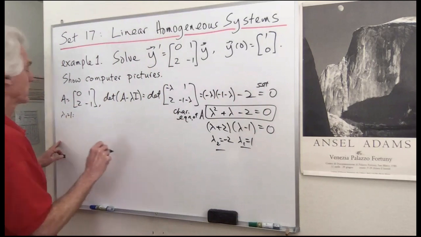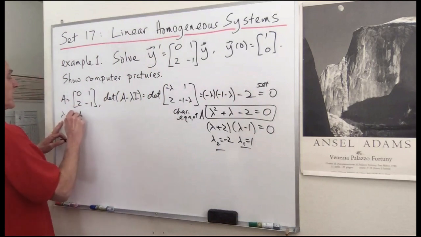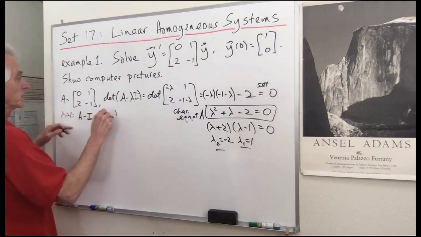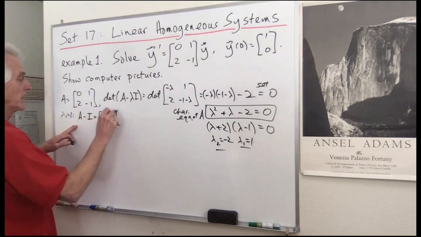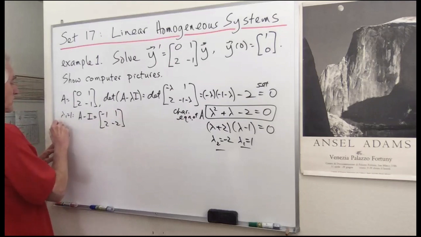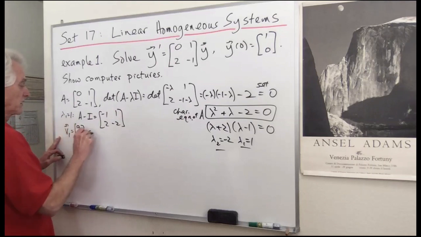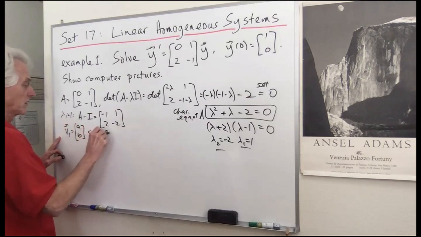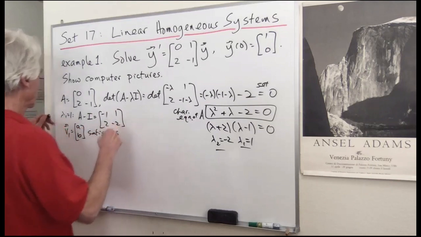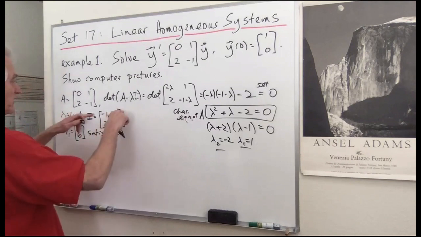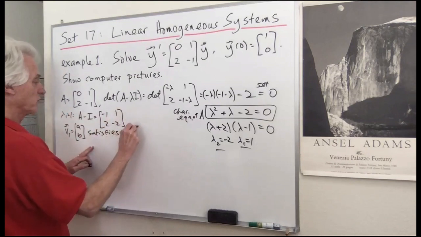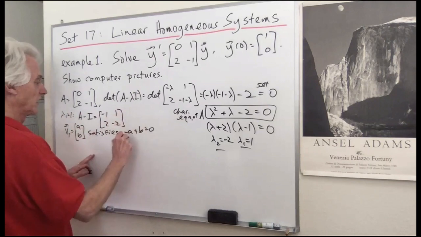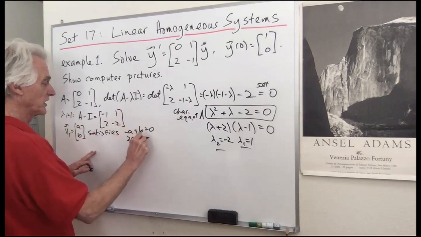For lambda 1 equals 1, I get A minus I is negative 1, 1, 2, negative 2. And V1 equals (a, b) satisfies this. If I multiply this by (a, b), I get minus a plus b is 0, and 2a minus 2b equals 0.